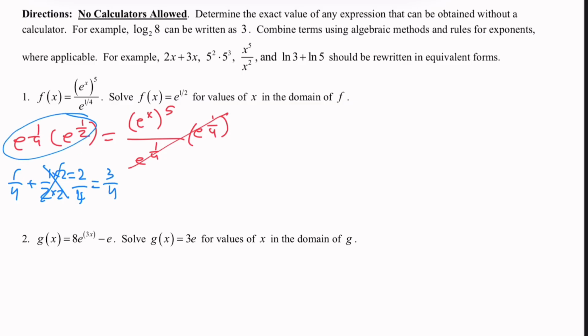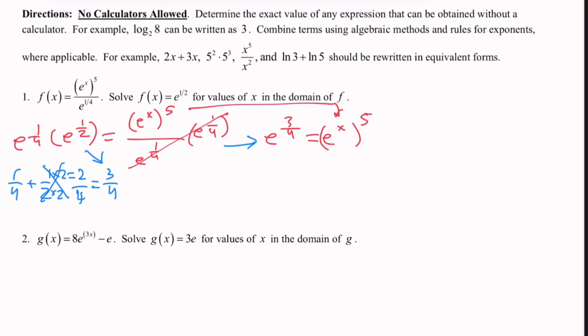So this right here changes into e to the power of 3/4, and so e to the power of 3/4 is equal to this one right here. We will move that. But this is basically the same thing as just e to the power of 5x, because remember, exponent to exponent, you'd multiply. That was kind of messy, sorry.